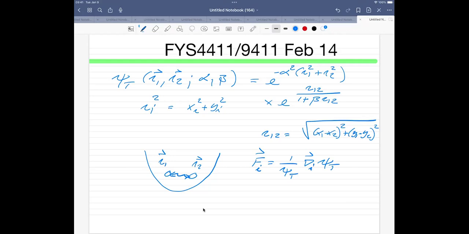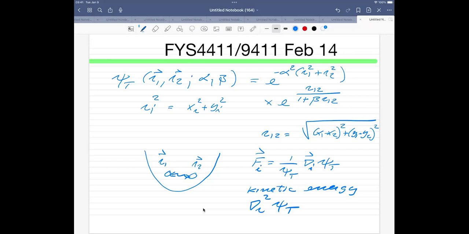Then what we need is the kinetic energy in the local energy. And that kinetic energy is obviously now given by the delta_i squared of psi_T. And then I have to sum, the total kinetic energy is then obviously the kinetic energy of the 2 particles. So you sum particle 1 and particle 2. So this is something which we need to implement.